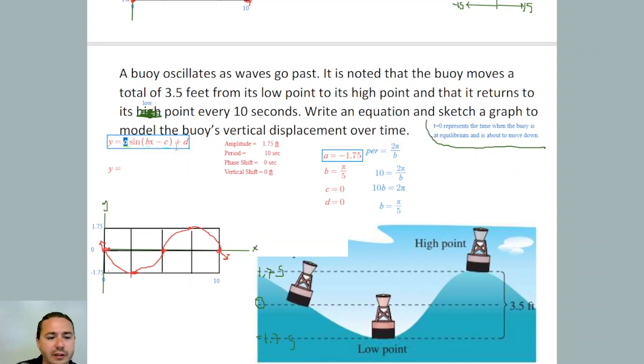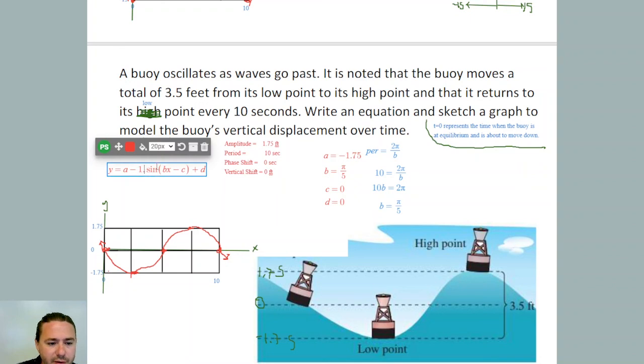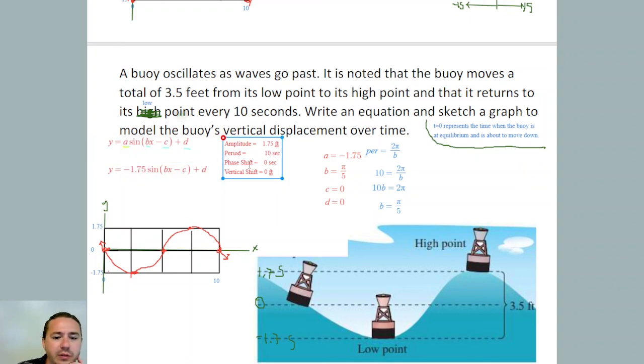Like this number right here will be negative 1.75. Okay, not sure what exactly happened there, but there we go. So our A is negative 1.75.